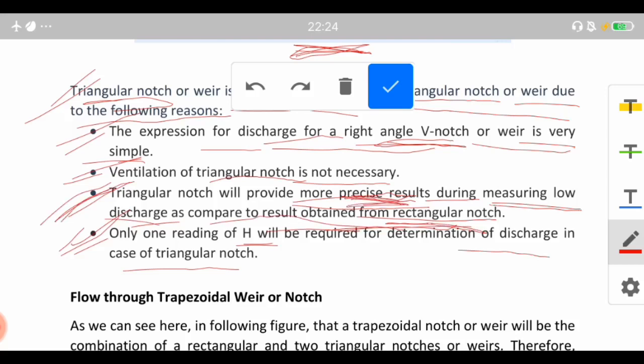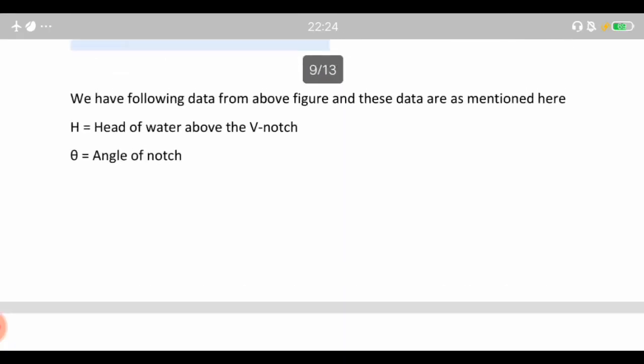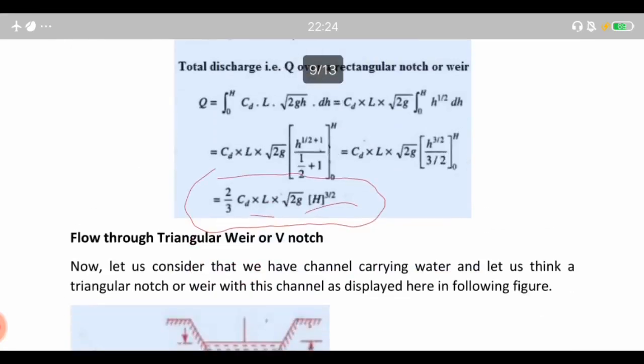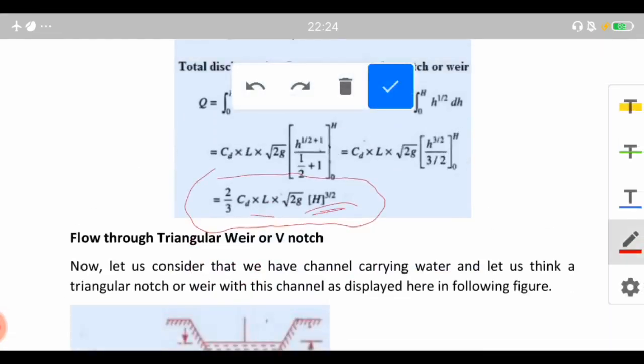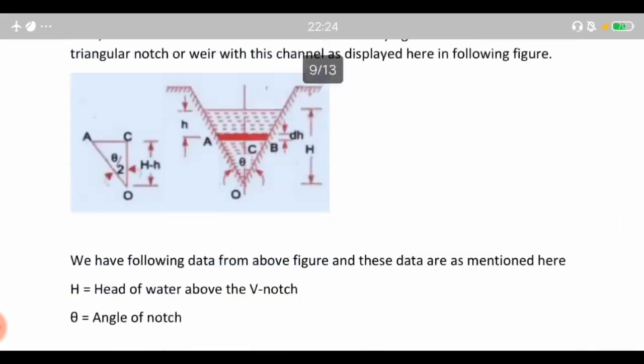For a rectangular notch we need the readings of both H and L. If you check the expression for the rectangular notch, we need both H and L to get the discharge.